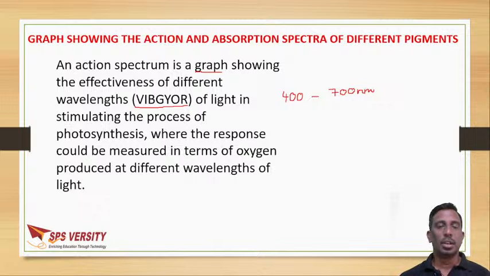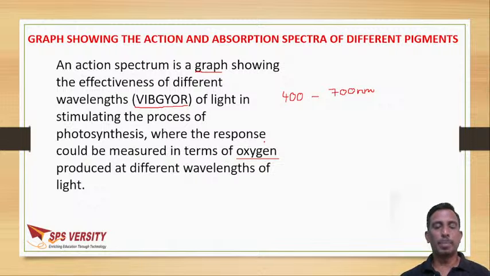We can calculate the rate of photosynthesis in terms of oxygen produced at different wavelengths. So this is called action spectrum.